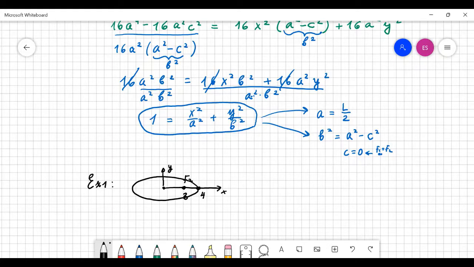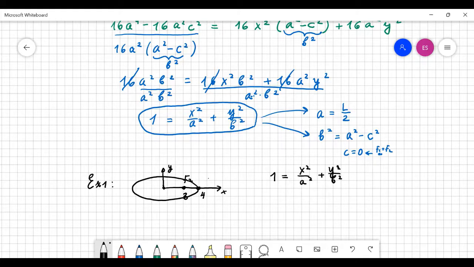Well, for the equation of this ellipse, we will need to know what a and b are. So let's start with finding a. How do we find a? Well, let's look at this equation we have: 1 equals x squared over a squared plus y squared over b squared.